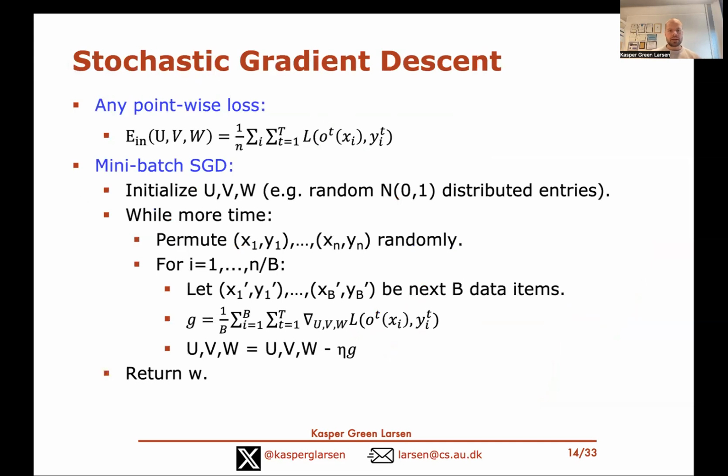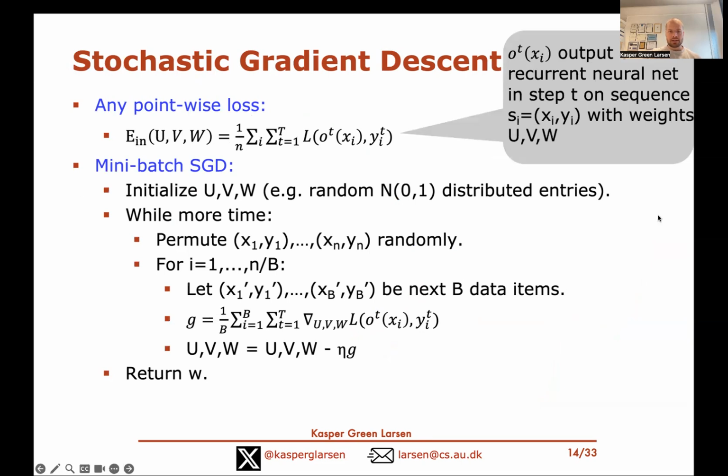Okay, so here's the template for stochastic gradient descent in the setup of these recurrent neural nets. Recall that the error we're trying to minimize is the in-sample error, which is the average over all training sequences that we have. For every training sequence, we sum over all the different outputs on the sequence. The sequence S_i consists of a list of feature vectors, and each x_i should be superscripted with a t as well, so this is the t-th feature vector in the i-th input sequence.